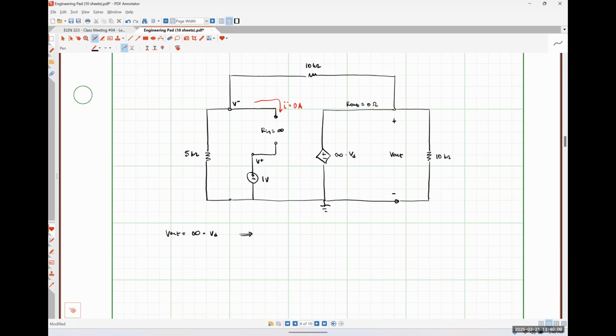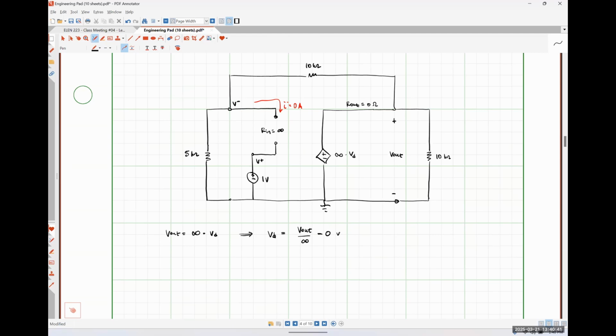I can rearrange that guy to say that my differential input voltage must then be equal to whatever my output voltage happens to be divided by infinity. Well, what happens when I divide any number by infinity? It's 0. So this is where that second ideal op amp rule comes from. This is called the voltage constraint rule, right?